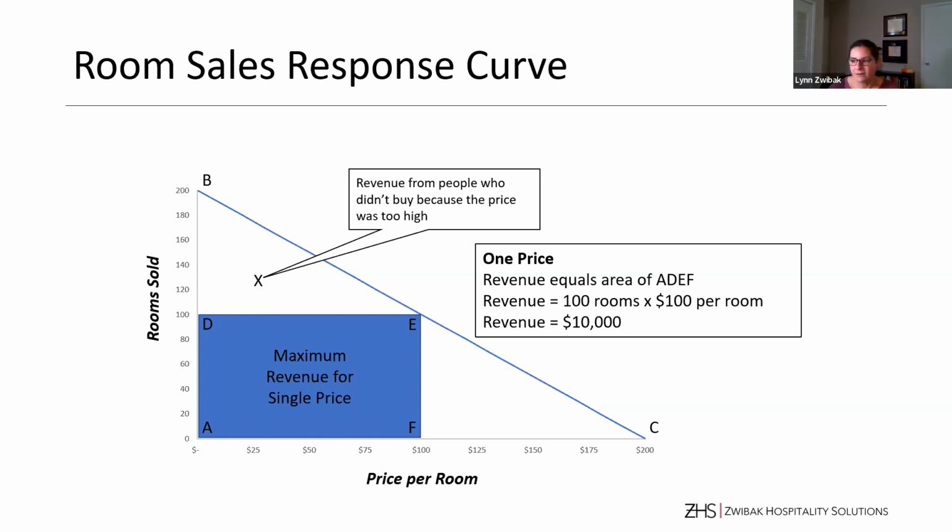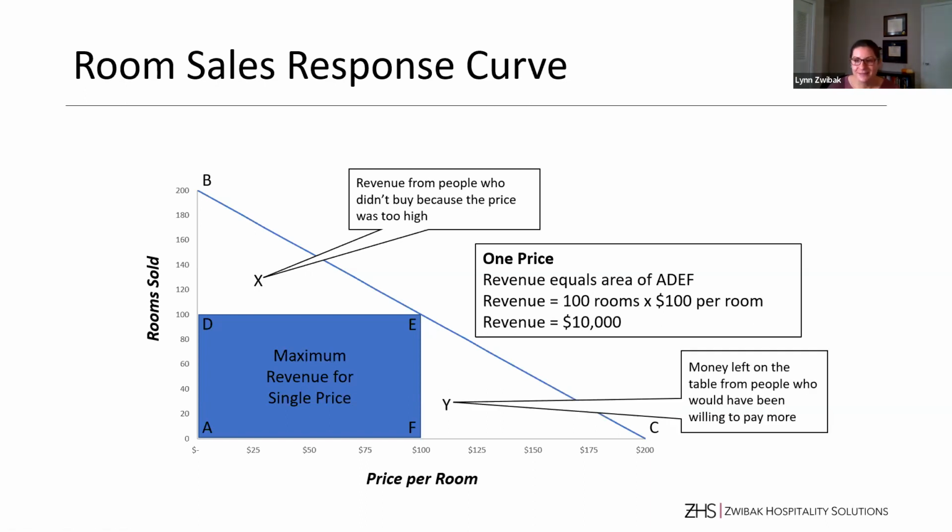The area at the bottom, the Y, that's the extra money that would have been paid by people who are willing to pay more. So for example, if we charged $150, we would have sold fewer rooms, but there were people who were willing to pay $50 more. So this lower area marked by the Y is all that extra money we left on the table.